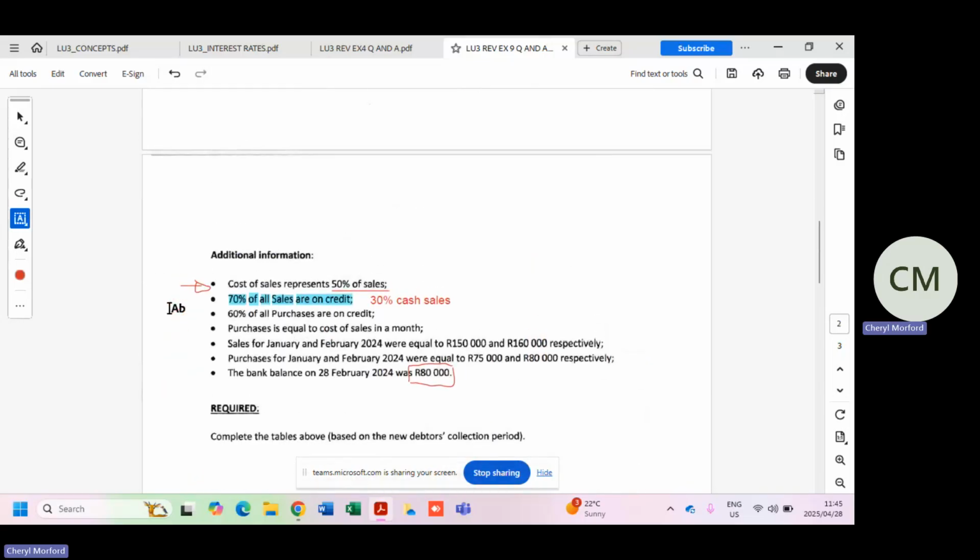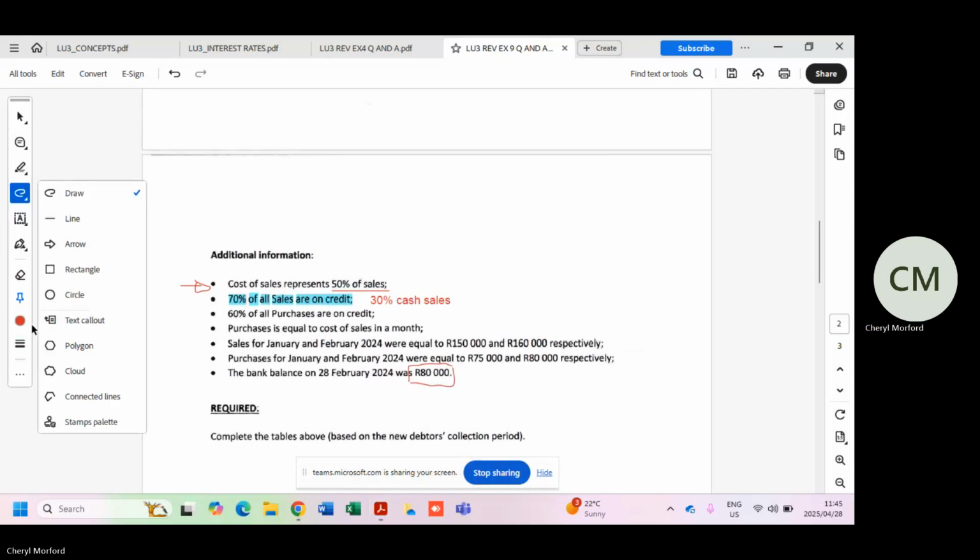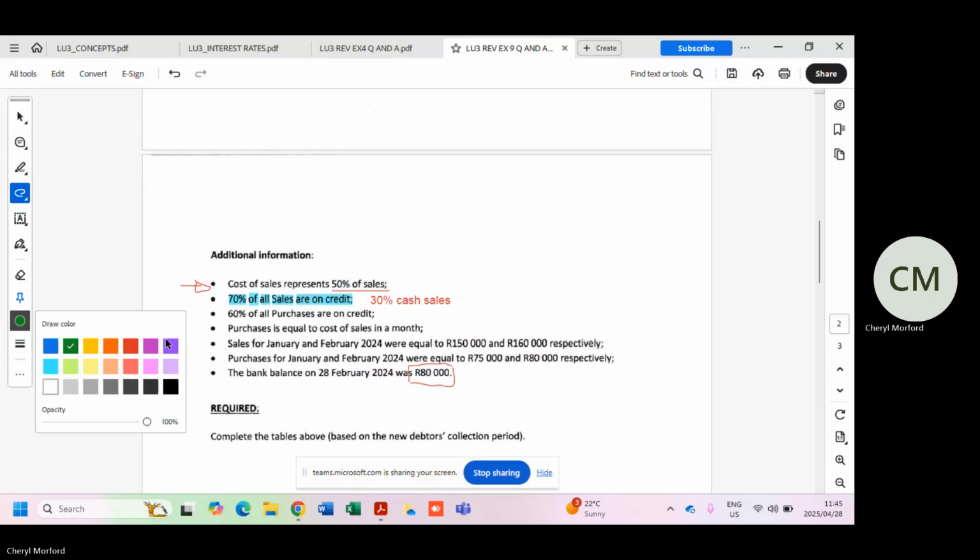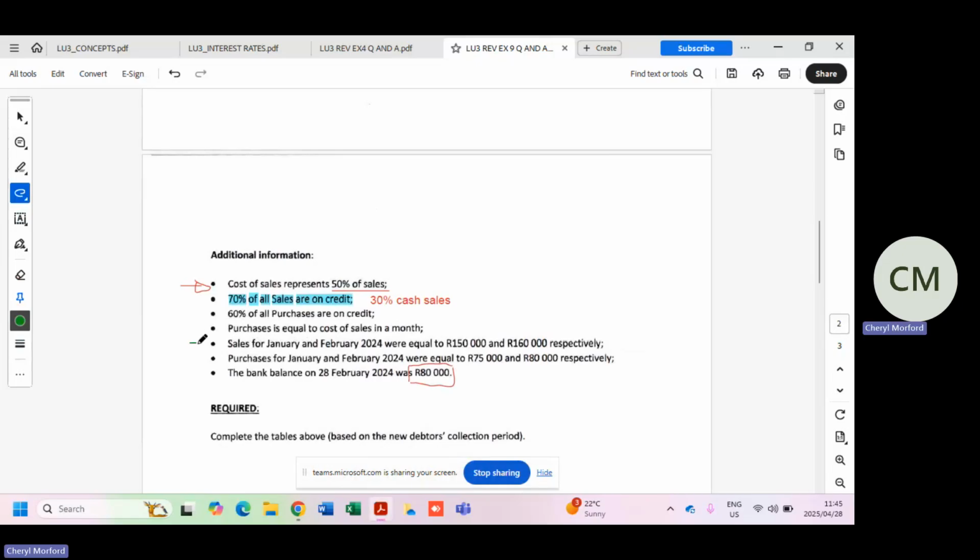So if we have a look in here, this is exactly where it is. See over here, we got the older information. We're going to have sales for Jan and Feb. Which one am I looking for here? I need this one. So first of all, I'm going to have to find 70% of the sale in Feb.